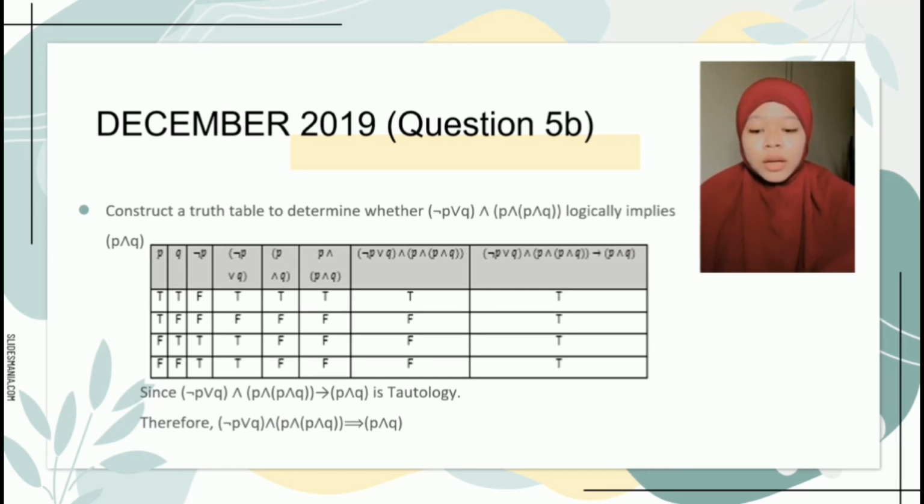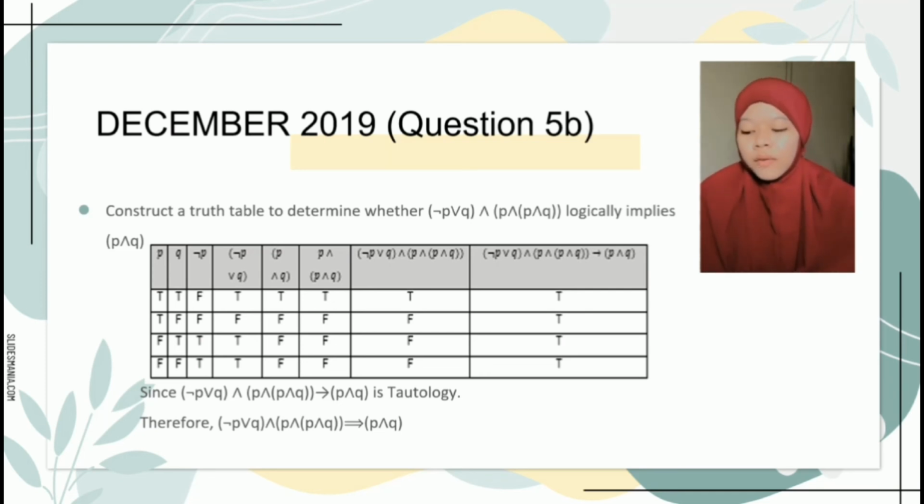So first of all, we need to find the propositions in the question. The propositions in the question are P and Q. So the number of rows we will get is 4, because 2 squared is 4.